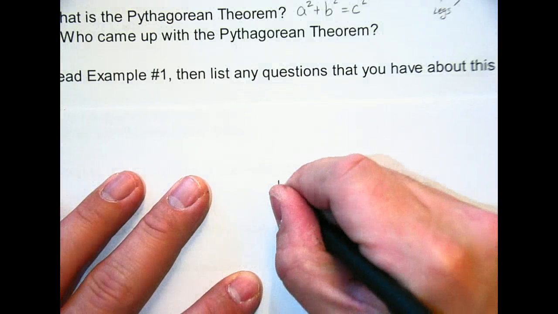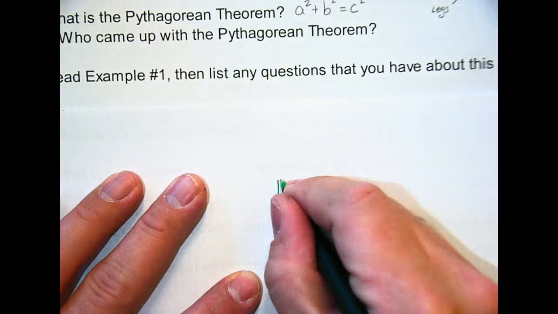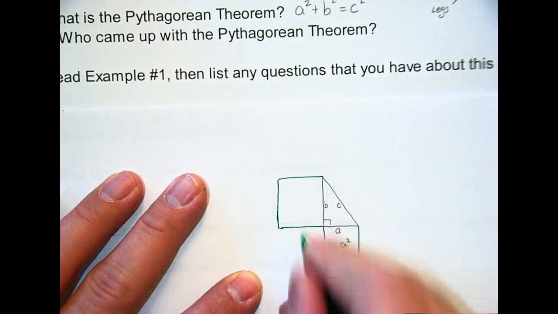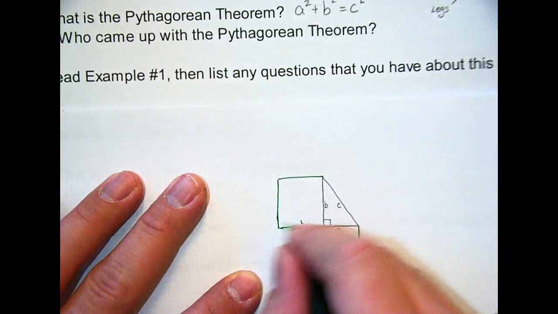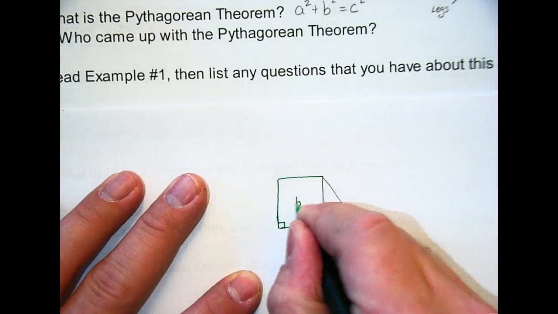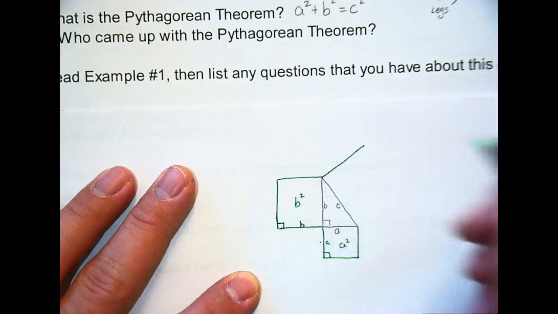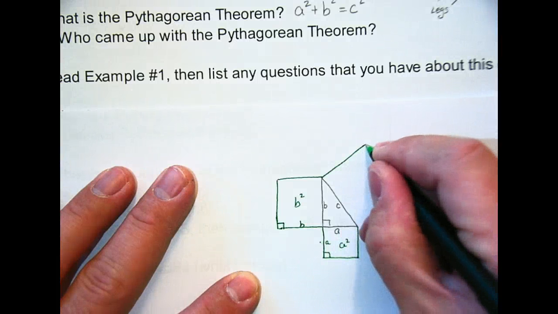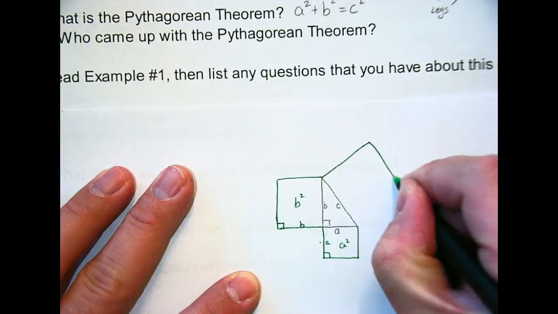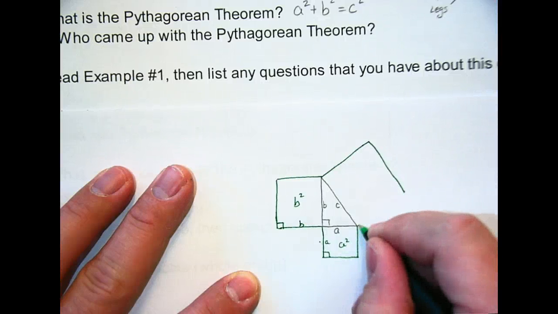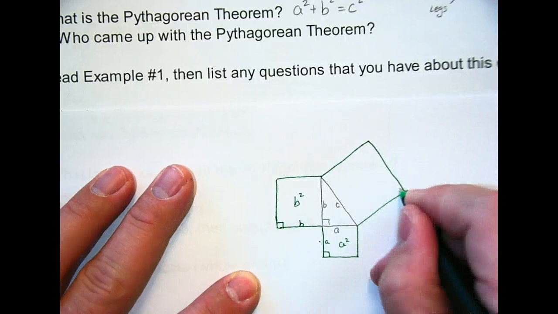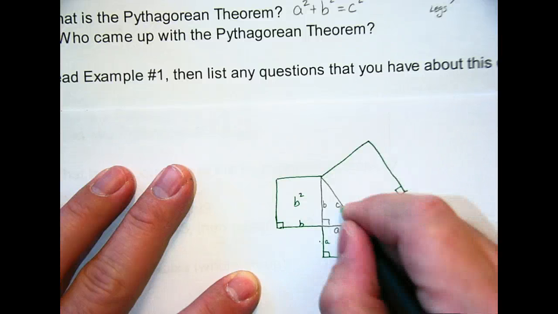All right, so we square off each of these sides. That would be our b squared. B by b gives us b squared. And let's square off this side. Right angle, that's c by c, or c squared.